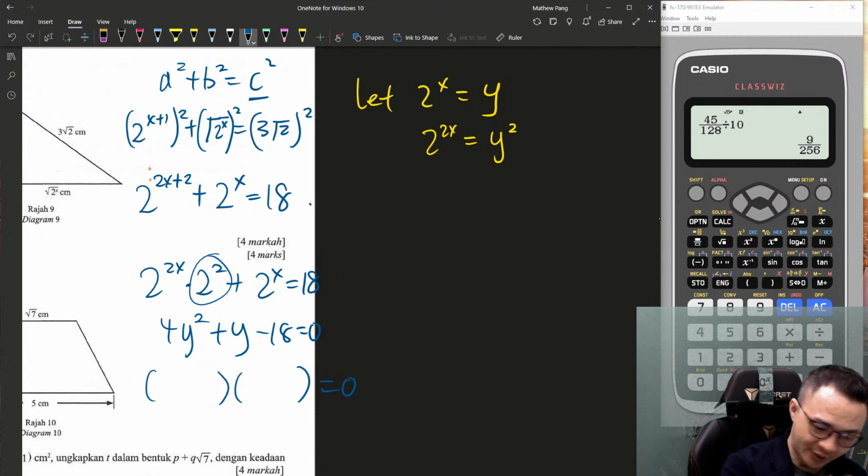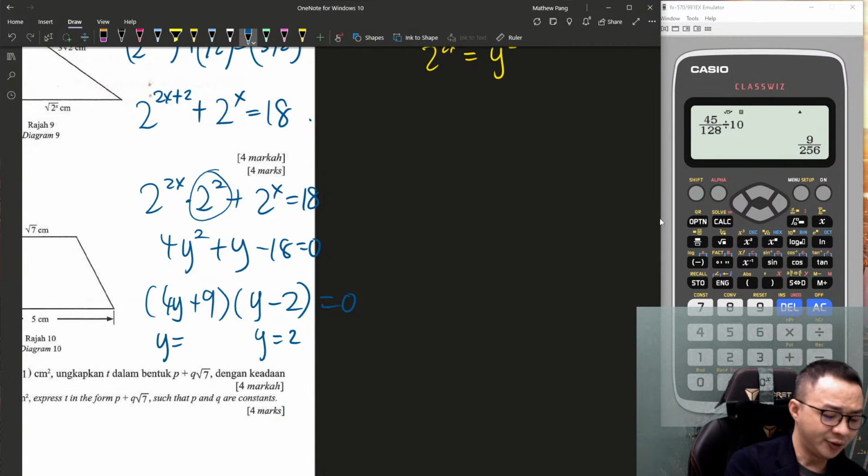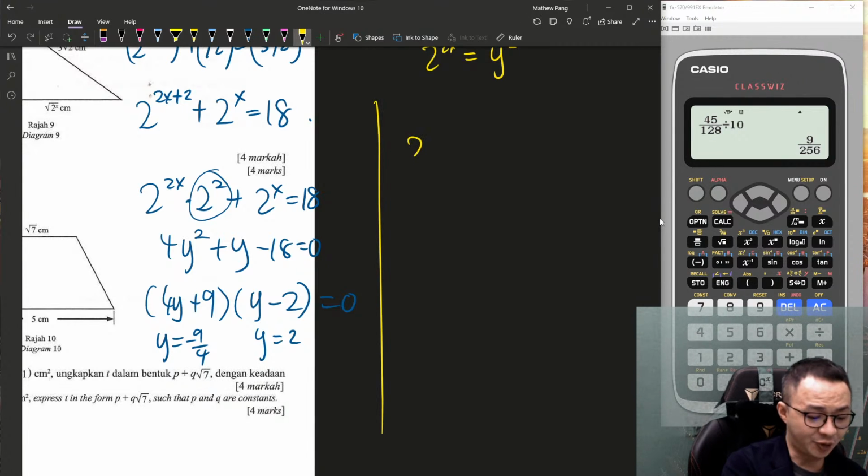So, okay, this is 4y and y. 9 and 2. And plus and minus. Okay, so y equals to 2. And y equals to negative 9 over 4. And what is my y? My y is 2 power of x, right? Equals to negative 9 over 4.